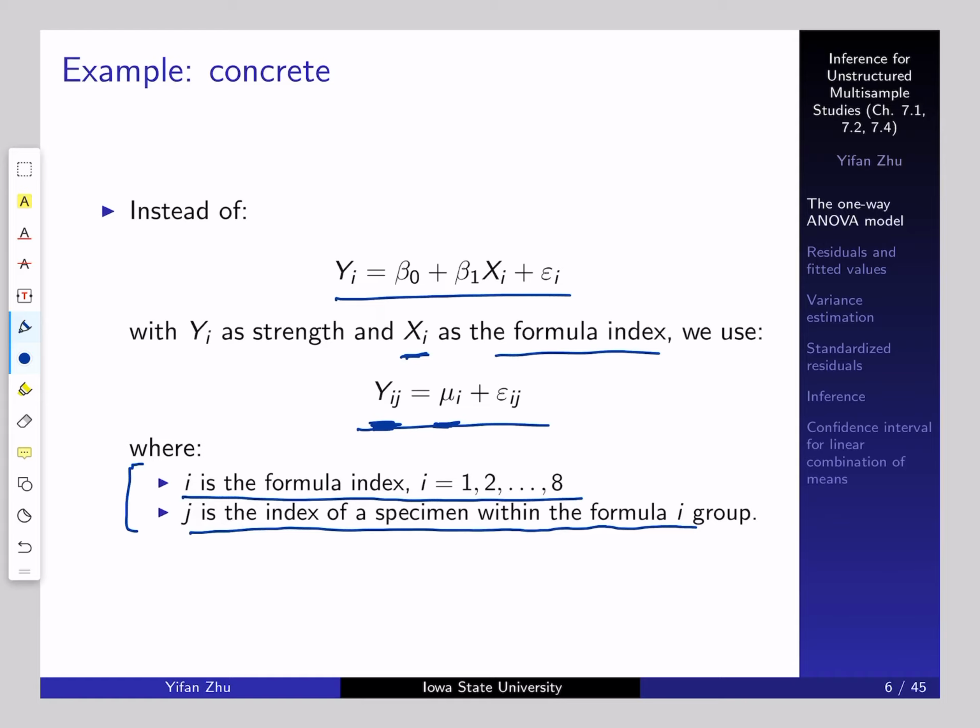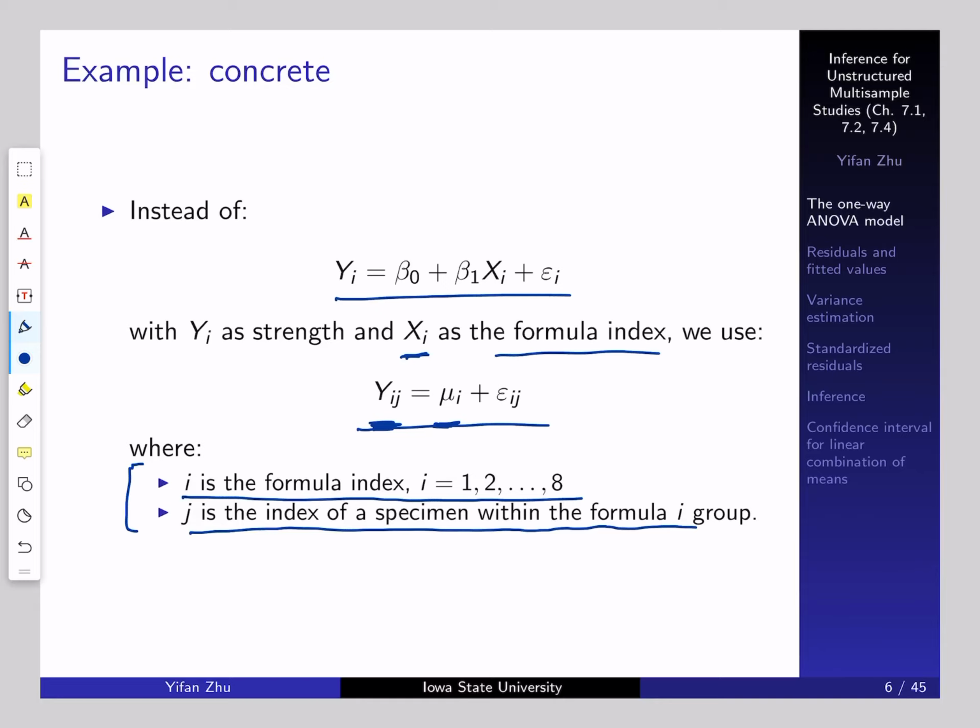And so the name one-way model comes from the fact that we only have one factor, or one covariate, that gives you a certain number of levels. In this case, we only have one factor called formula index.